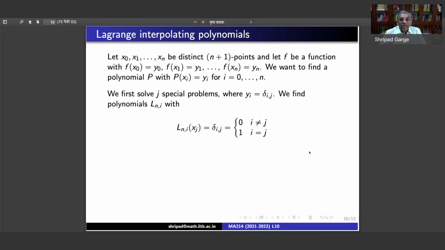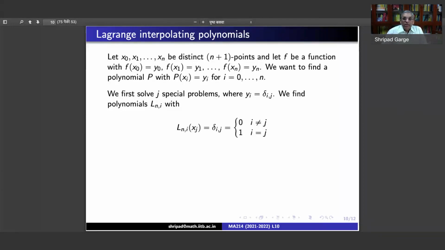Okay, so we want to find polynomials Lni with the property that Lni of xj is delta ij, which is 0 for i not equal to j and 1 for i equal to j. Okay, so for each i we should find these polynomials. All right, and so these are going to be n plus 1 polynomials because i runs from 0 to n.